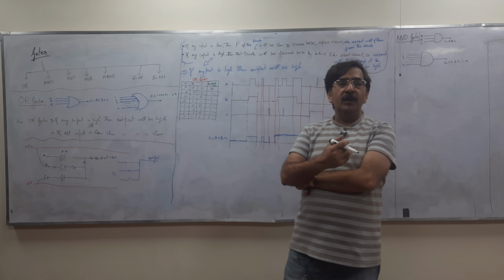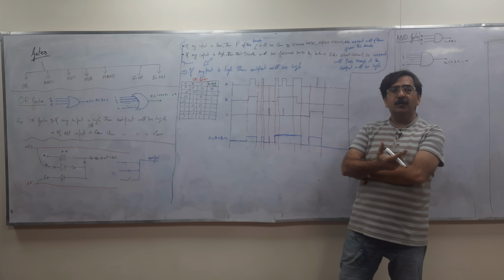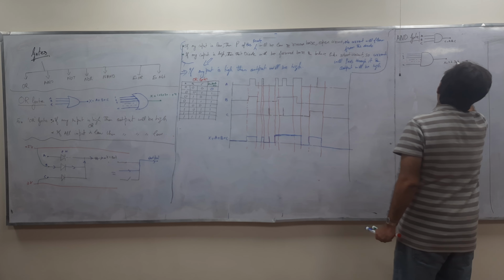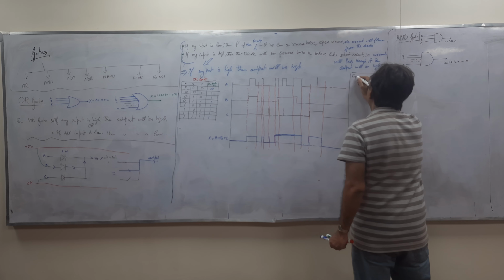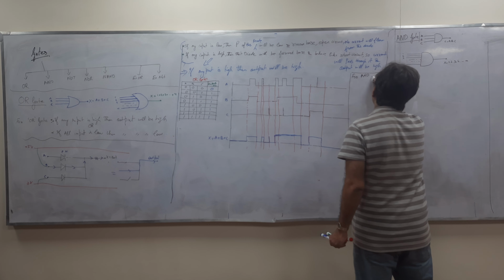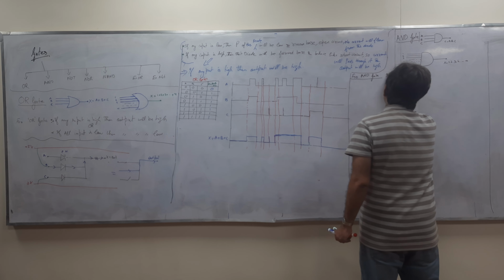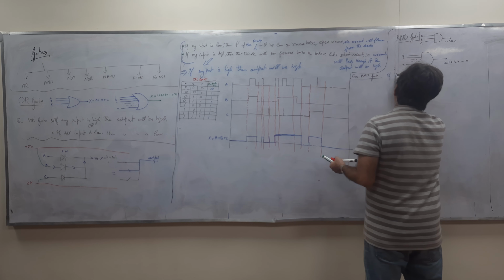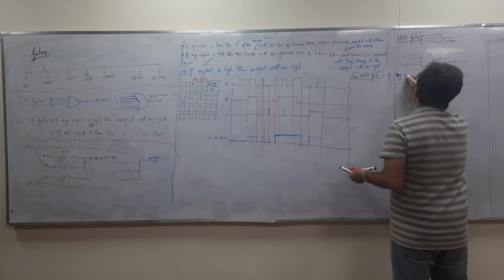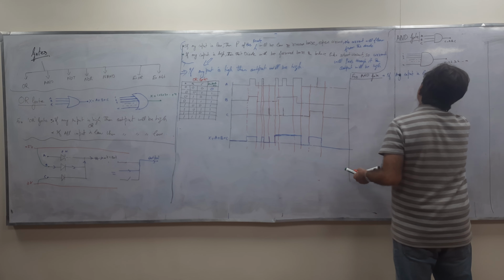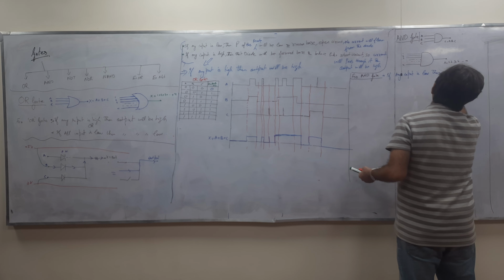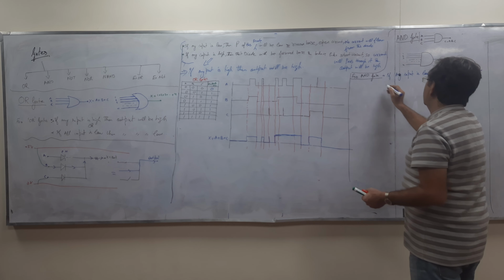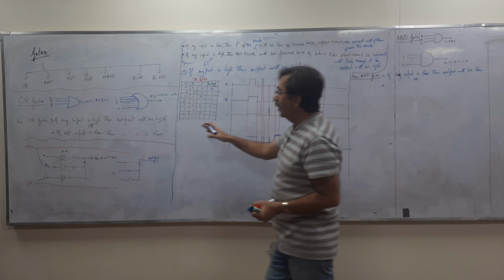That means if any input is low, then the output will be low. Okay. So, that is the main reason why it is the AND gate and why it is represented by multiplication. For the AND gate, if any input is low, then the output will be low.